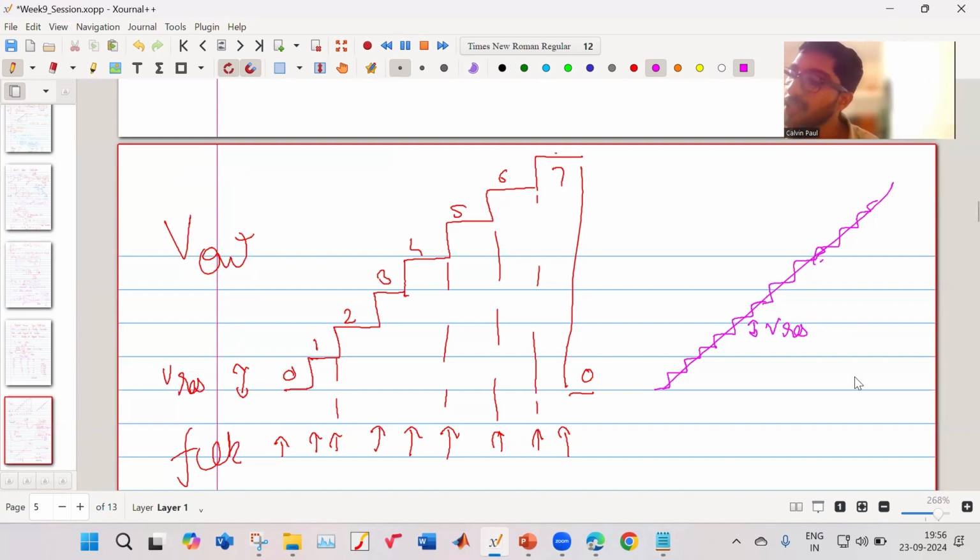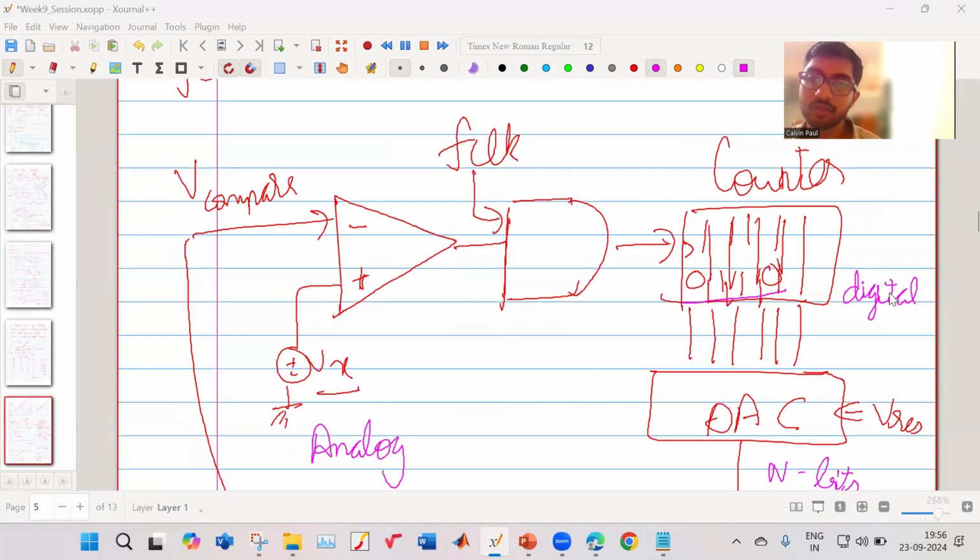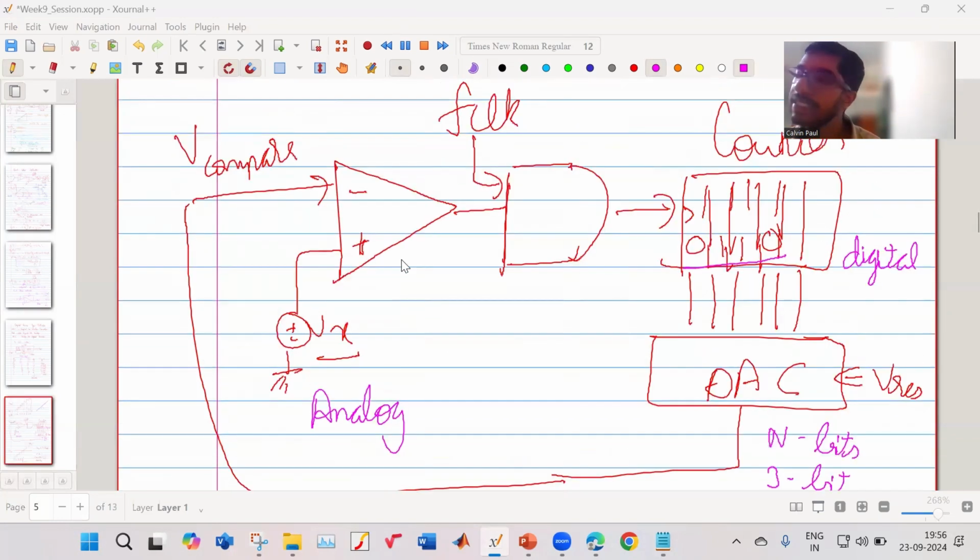All these concepts are used a lot in power electronics, digital control, etc., where these things play a very significant role. Again, this counter, this DAC, this clock, compare, all these are happening.